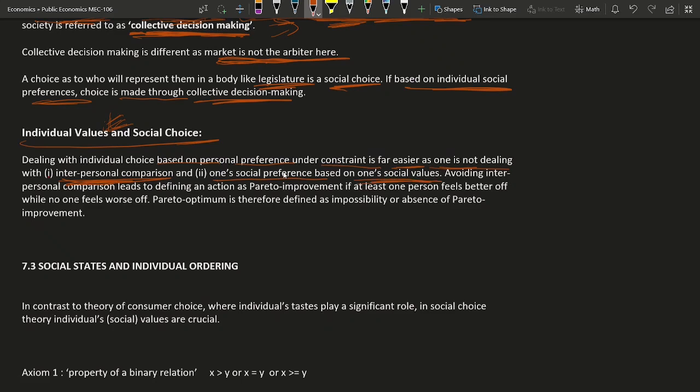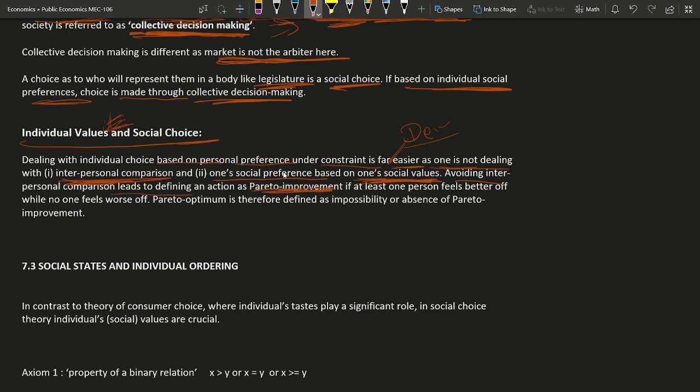These social values may complicate the situation because one person may choose development, but it is completely possible that he will support a conservative political party, maybe because of religion or any other reason. This social value case can be different from the individual preferences case. So avoiding interpersonal comparison leads to defining an action as a Pareto improvement.